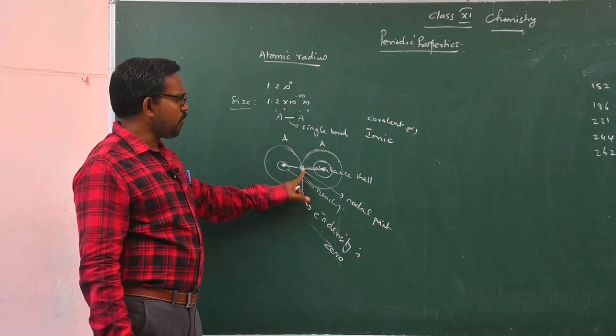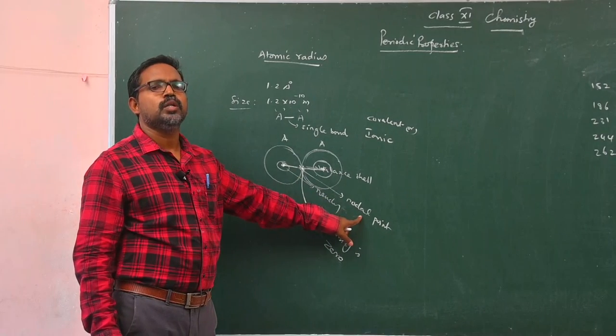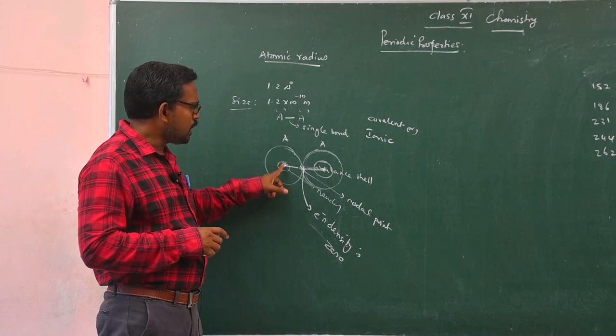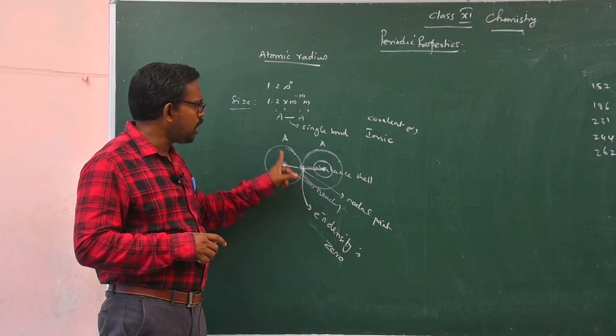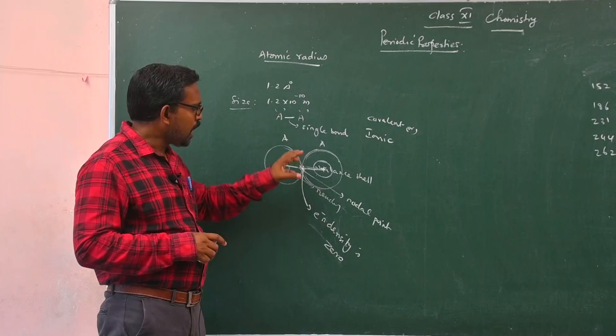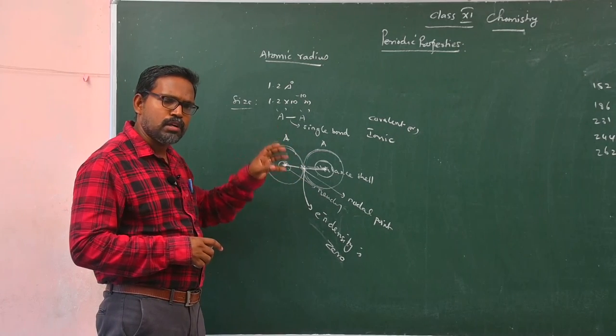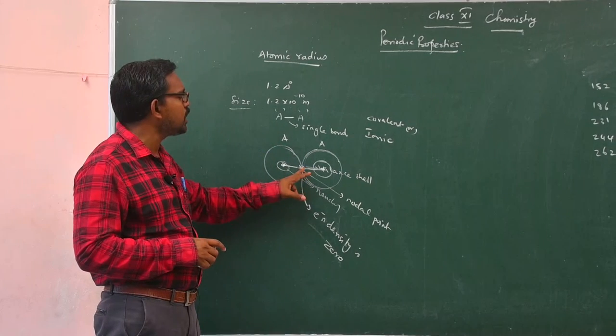That point is called the nodal point. Now, you define what is atomic radius: the distance between the centers of the nuclei of two adjacent atoms and the point at which the electron density is effectively zero.